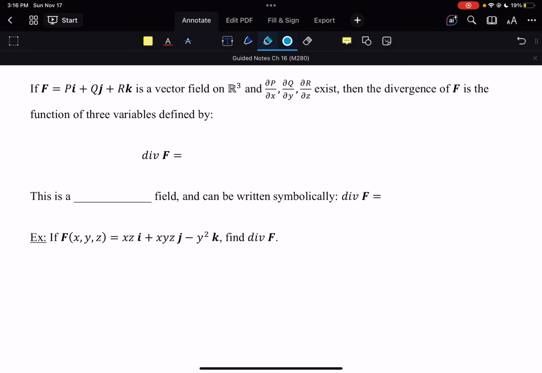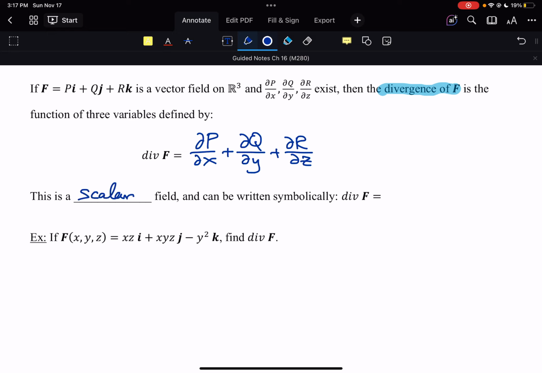So if we have, again, a vector field with P, Q, and R components on R3, and all of its partials exist, then the divergence of F is the function of three variables defined by divergence of F is partial of P with respect to X plus partial of Q with respect to Y plus partial of R with respect to Z. So notice no i, j or k in this. So this is a scalar field.